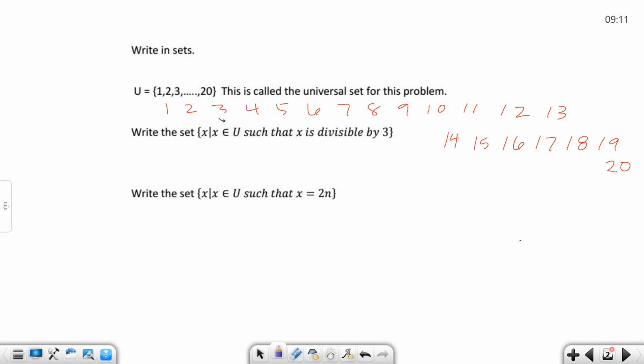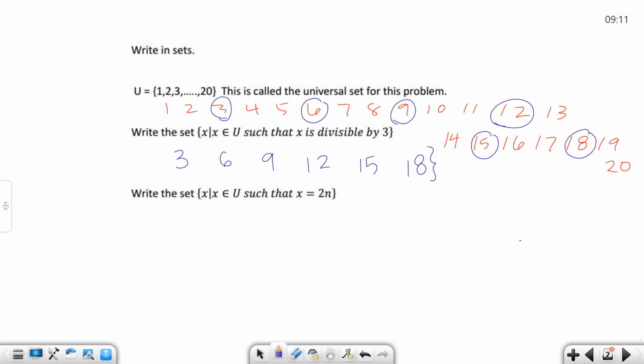So 3, of course, goes into 3, 6, 9, 12, 15, 18. Now, I wrote it out really sloppy, but I think you get the point.